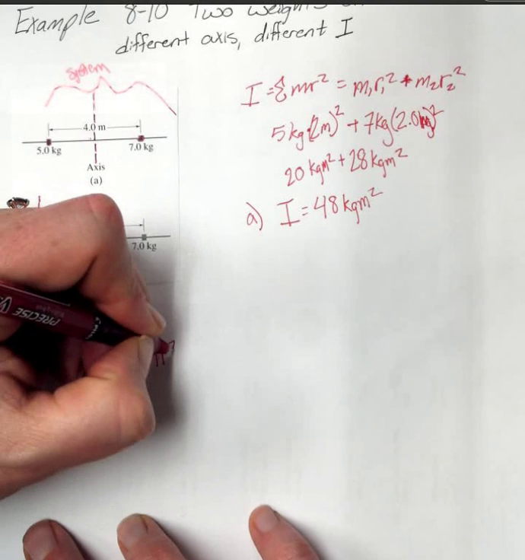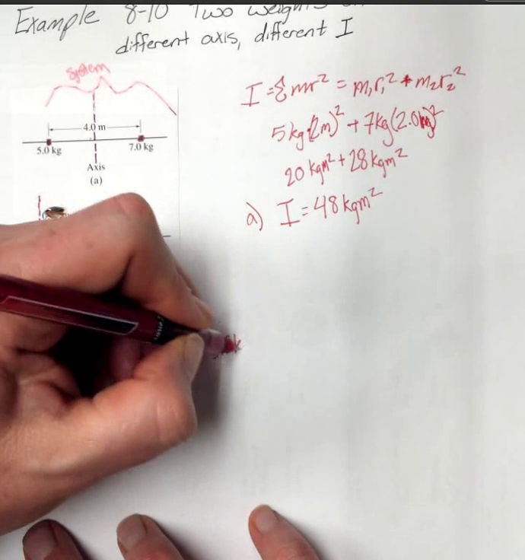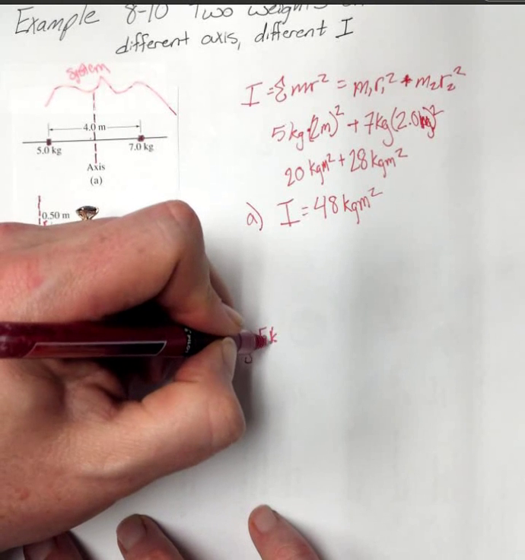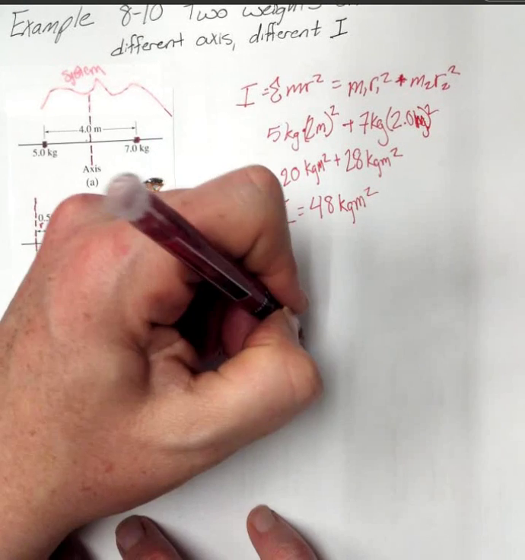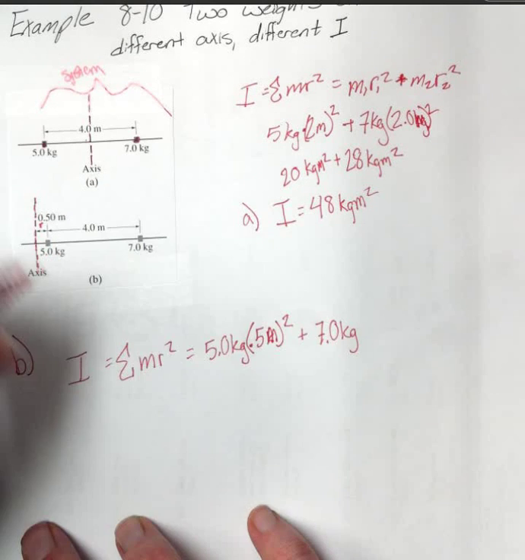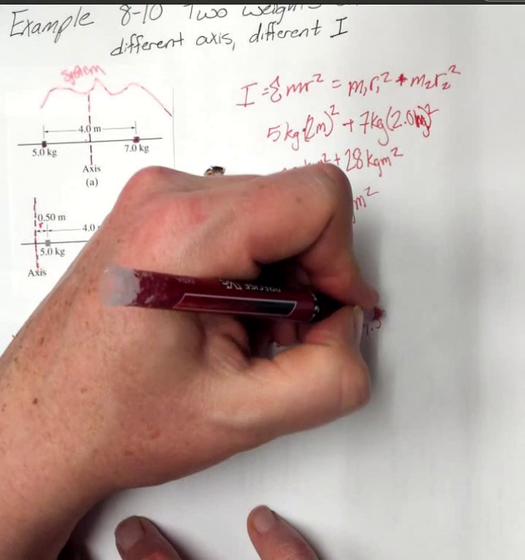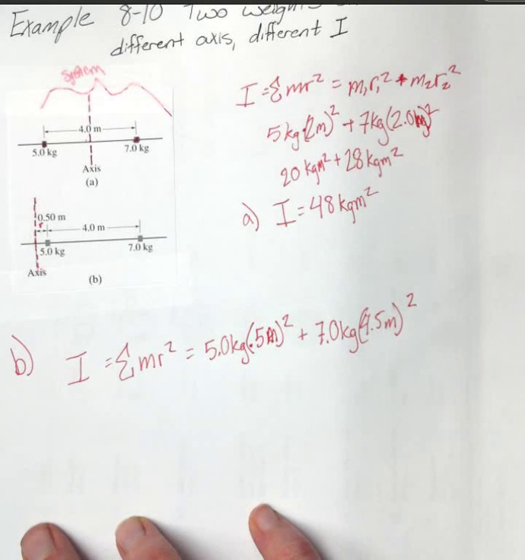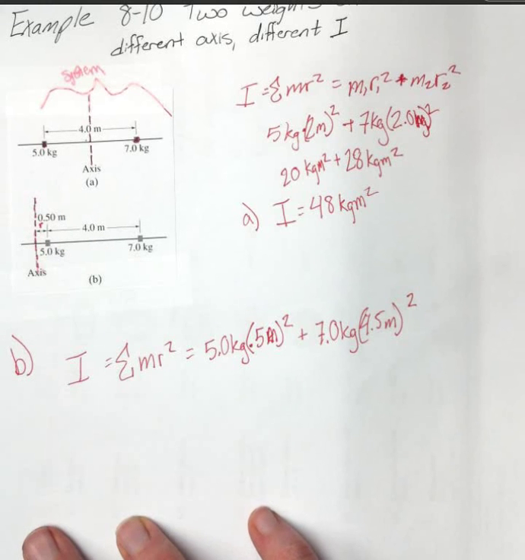M1 is still 5.0 kilograms, but here the radius is 0.5 meters, and so that value is going to get squared. And the second mass, M2, is still 7 kilograms. But now it's separated by 4.5 meters, and that value is going to be squared because it is separated by 4.5 meters from its axis of rotation.